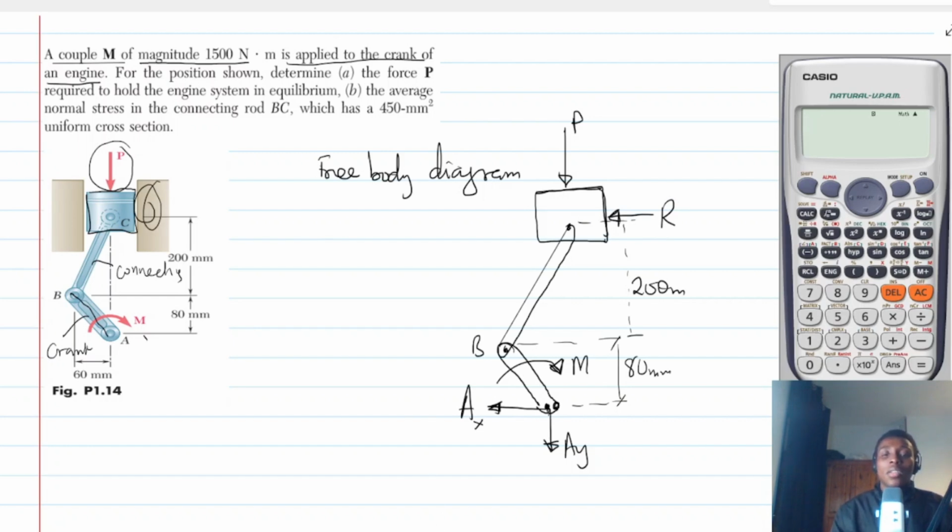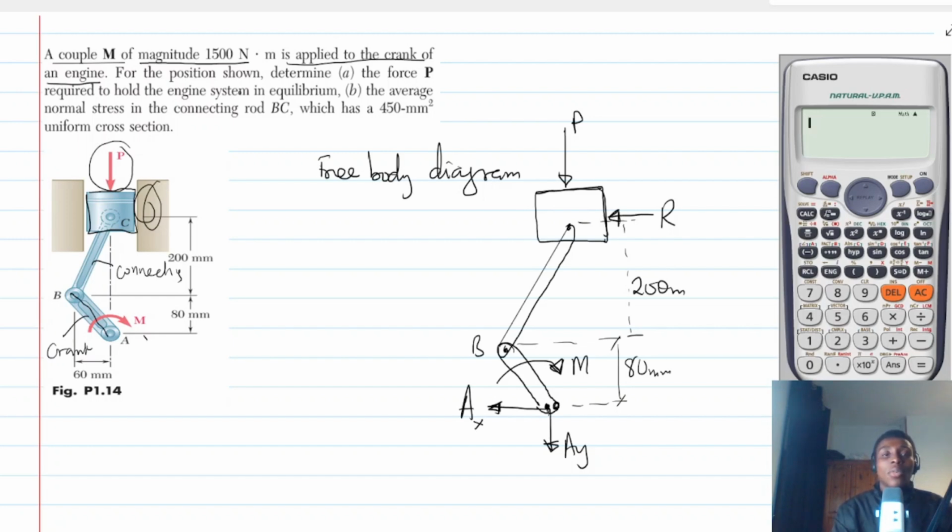So if we want to find the forces, we would have to use our equilibrium to find it.